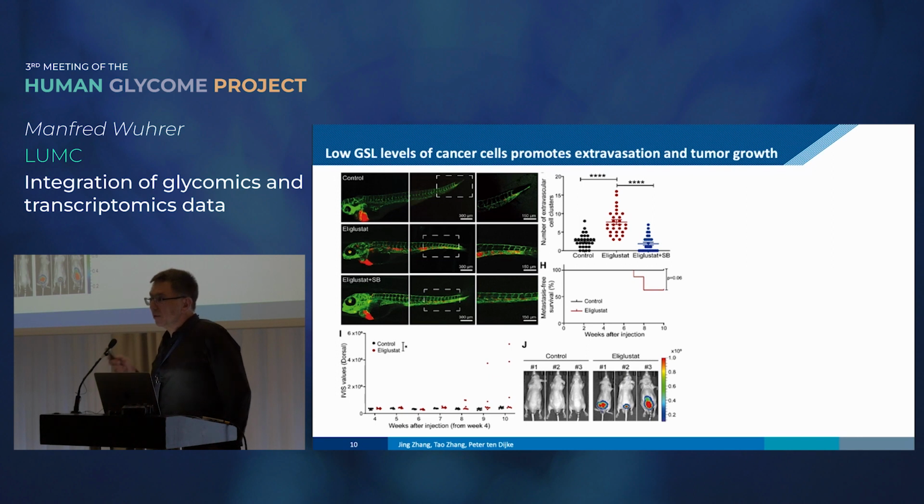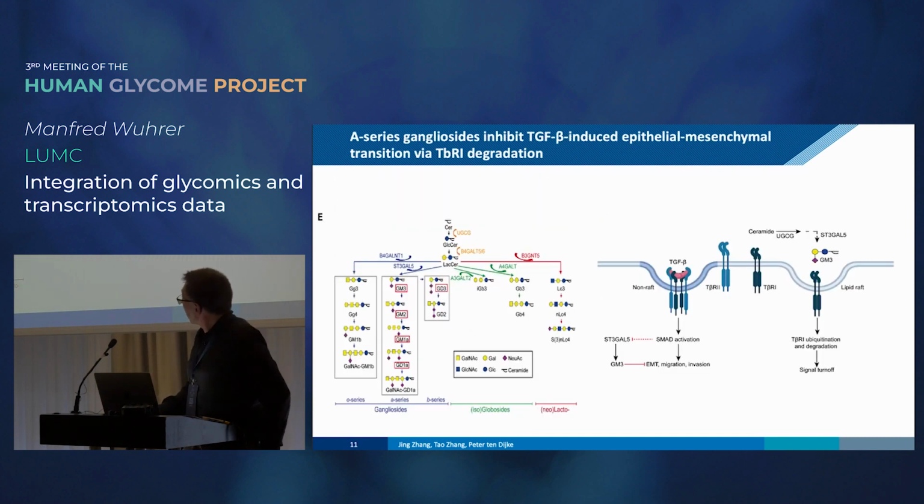So what we can conclude is that the gangliosides are reduced with TGF-beta signaling, but they also themselves again affect TGF-beta signaling. So it's a close interplay between gangliosides and TGF-beta signaling. And that is what I try to summarize on this slide.